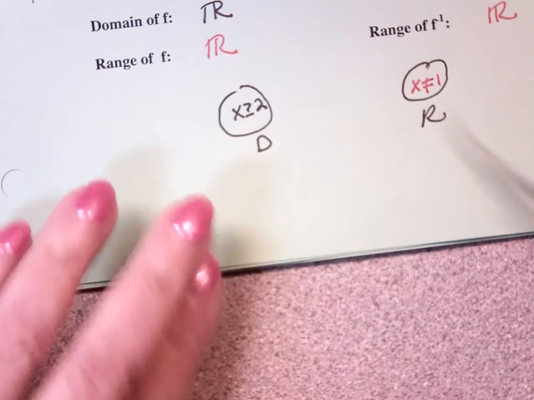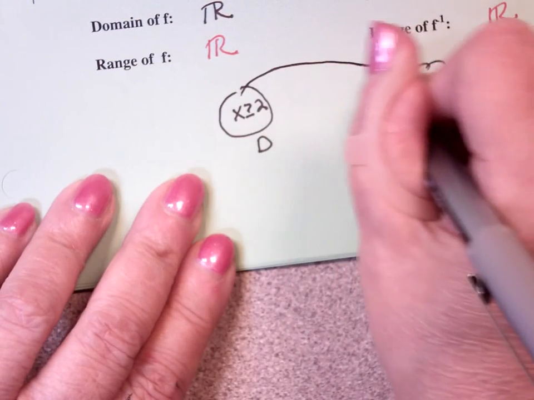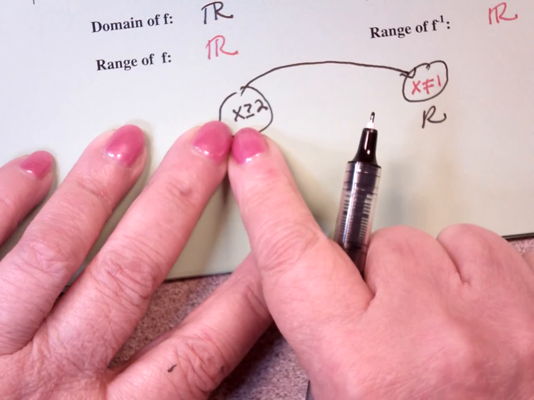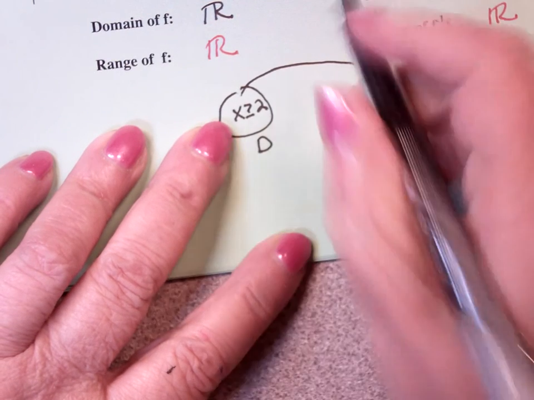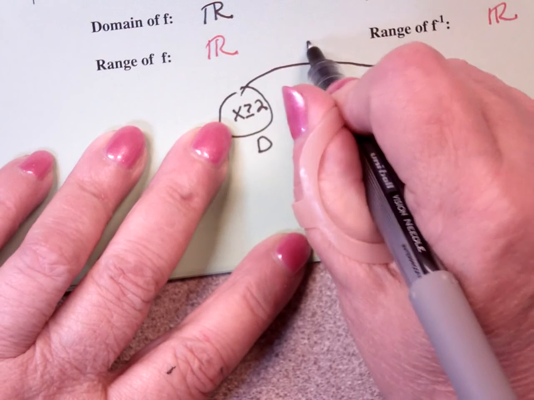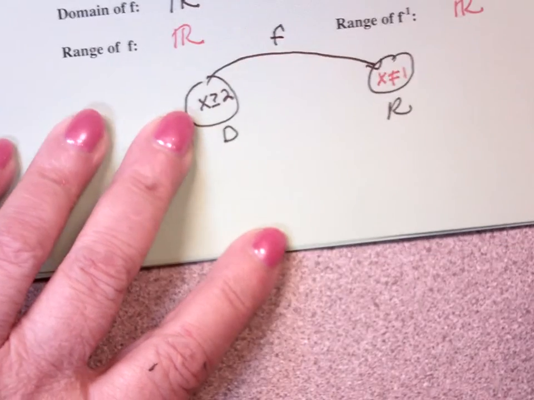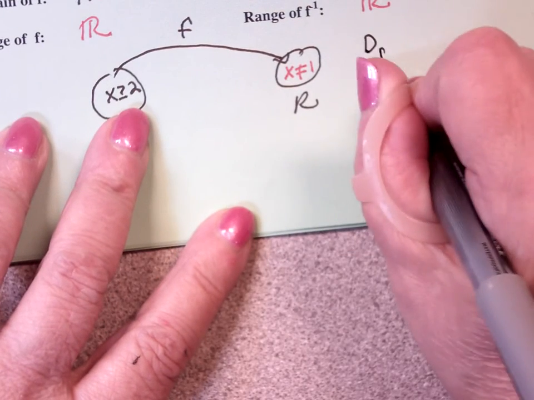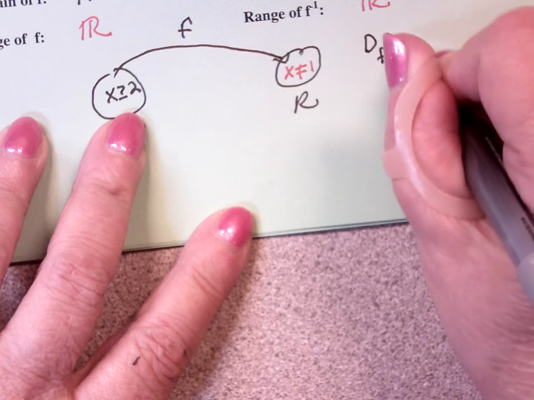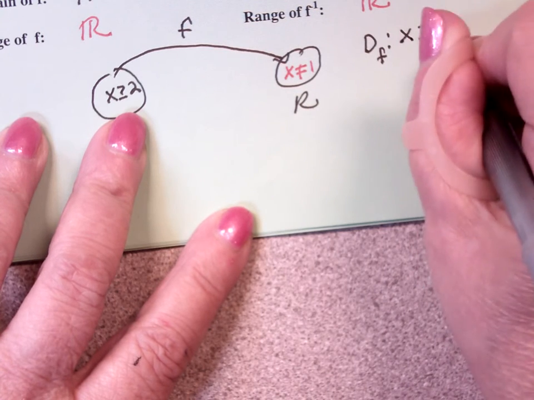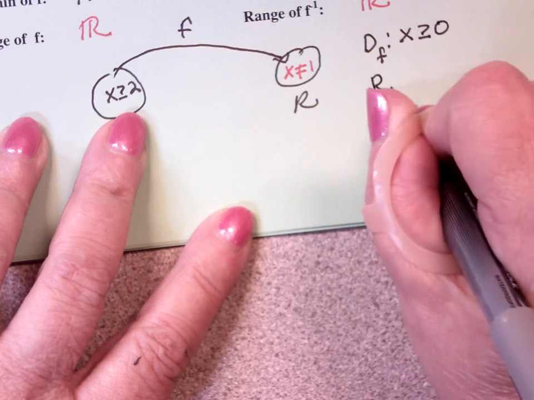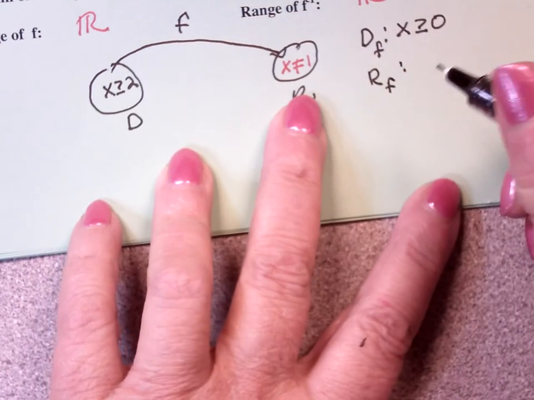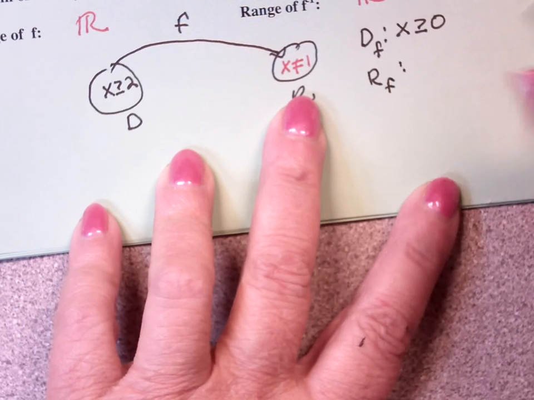But it doesn't matter, because the function f takes all x's that are greater than or equal to 2 to this guy. So when I look at the domain of the function, it is x greater than or equal to 2. What's the range of the function? Not x is not equal to 1, because ranges are not x's but y's.